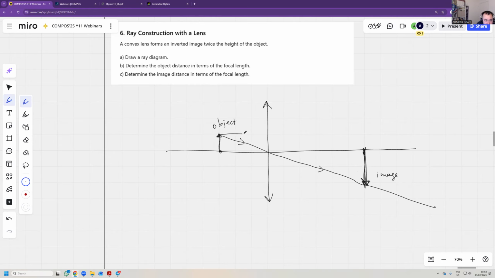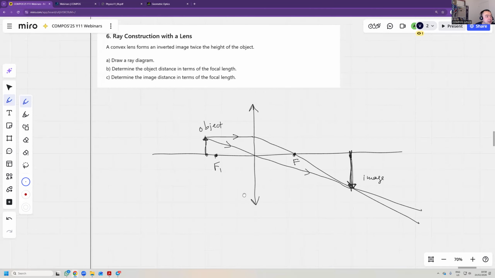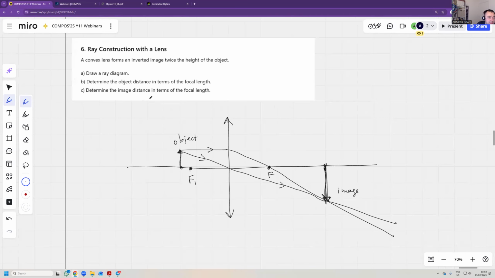So we draw a parallel beam, parallel ray, and the parallel ray will always pass through the focal point. So that is the focal point. And so the focal point is somewhere here, F1, and we can work out, show the object distance in terms of focal length.